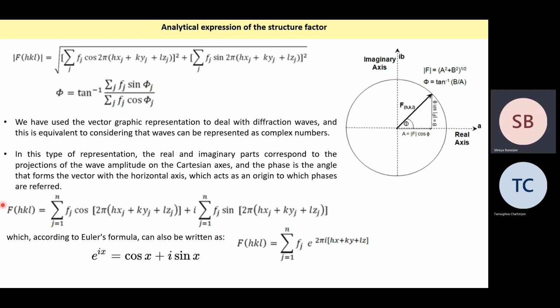So since you have F_hkl defined in terms of x and y components, you can use the Euler formula to convert F_hkl into this form, which is a summation of f_j, the atomic scattering factor, and e to the power 2 pi i (hx plus ky plus lz), and you sum up over the j atoms. So you can use Euler formula to convert F_hkl into a simpler form.